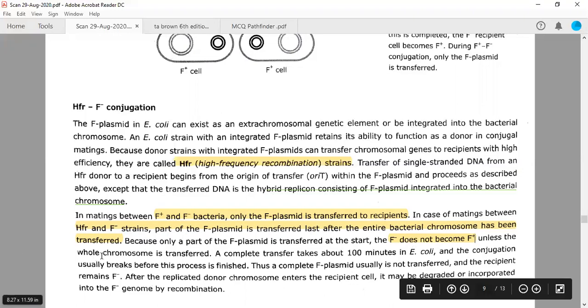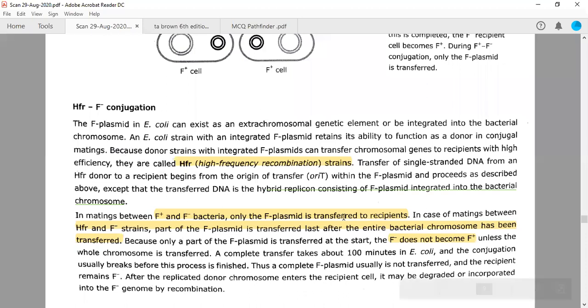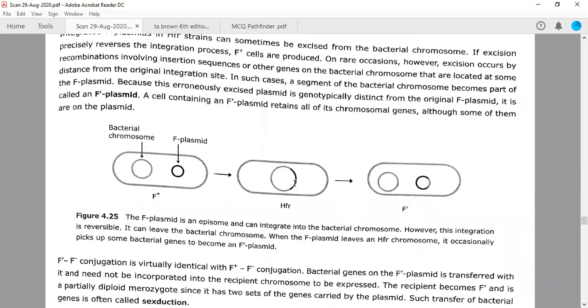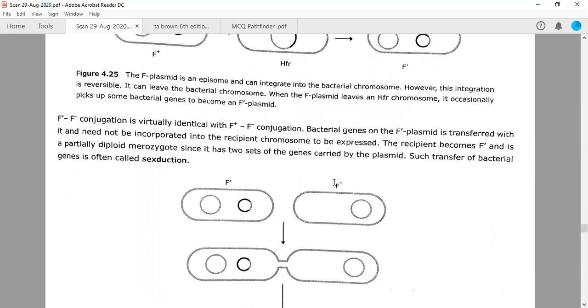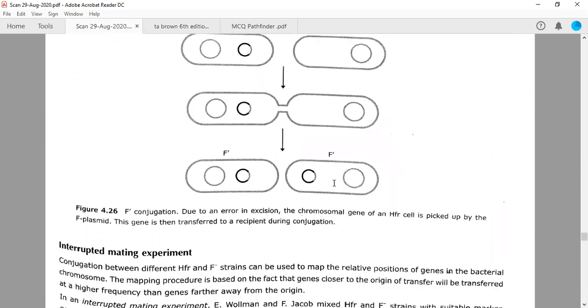Therefore, it cannot be regarded that the F negative cell will become F positive after this takes place. The second problem is, so the first problem you are able to understand: the F negative cell will not become F positive until and unless the second half is able to transfer itself from the donor to the recipient cell, right?